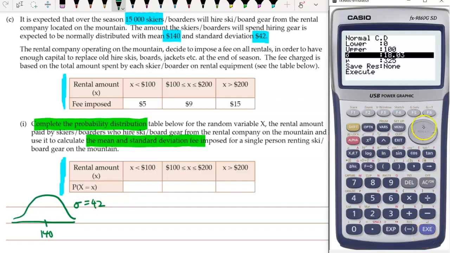Mathematically, most of the time we would put in a large negative number like minus 999. With this one, you can't spend minus money, so I'm putting in a lower limit of 0. The answer might come out slightly different to what's in the back of the book because of that, but both would be accepted. Okay, so upper limit of 100, our sigma is 42, and our mean is 140. So we get a probability of 0.1700.